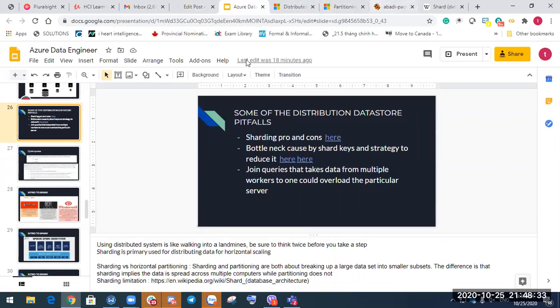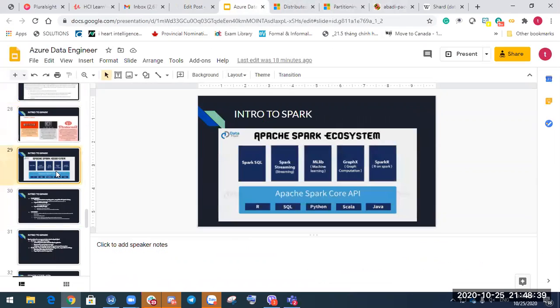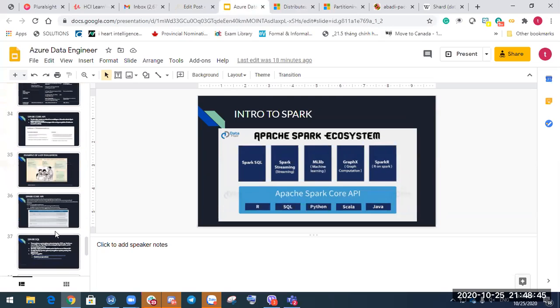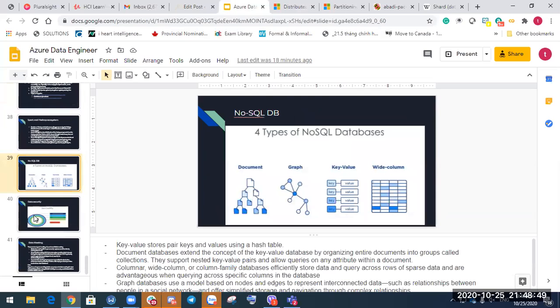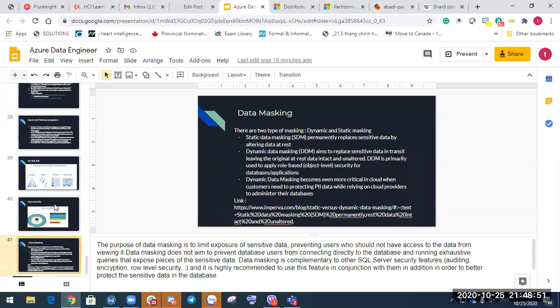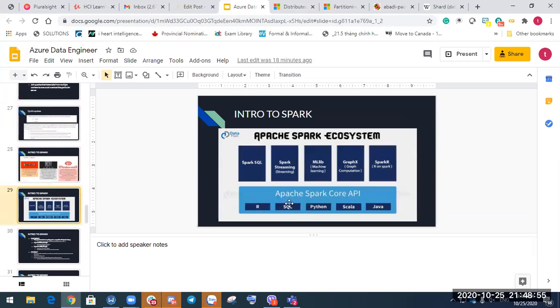Okay, sorry about that. Okay, so let's go to Spark. Since you guys already know Spark, I'll go very briefly over the Spark architecture. Then we will use the last few minutes to talk about NoSQL for different types, and we will talk about data masking. So the core of Spark is the Spark API.